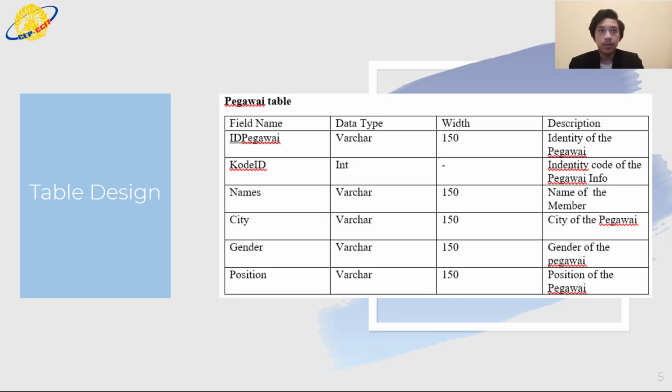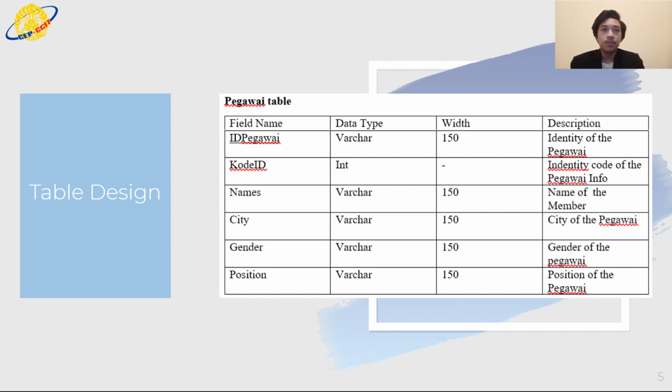In the pegawai table, there are 6 columns, including ID pegawai as primary key, which has varchar data type. This column aims to mark the pegawai. The second column is code ID with integer data type.